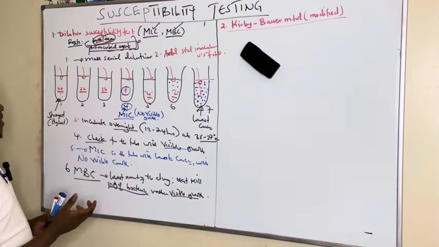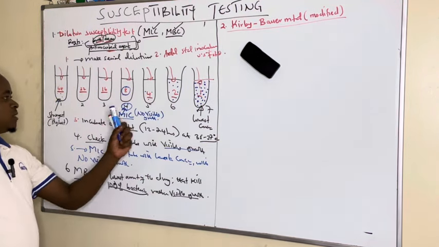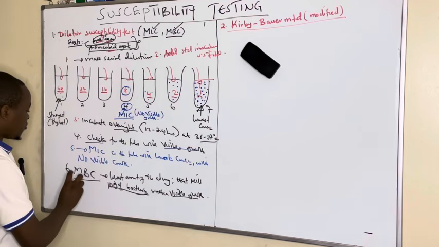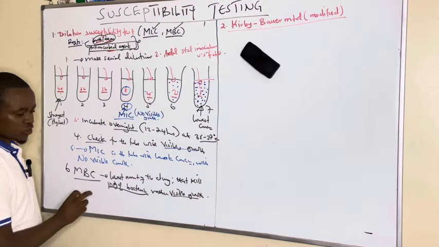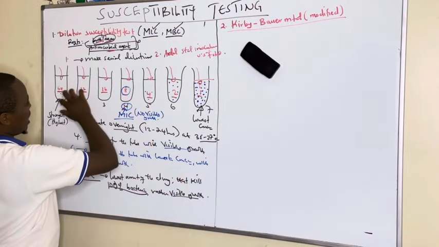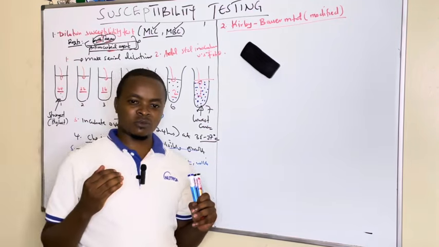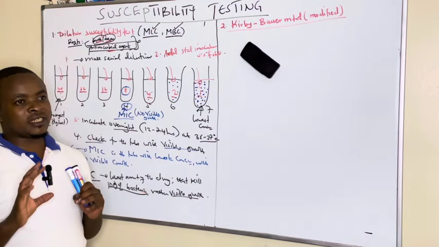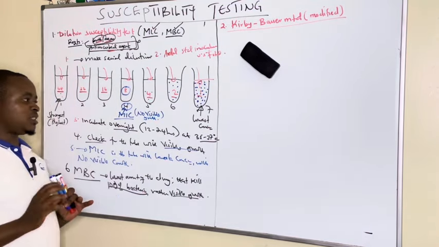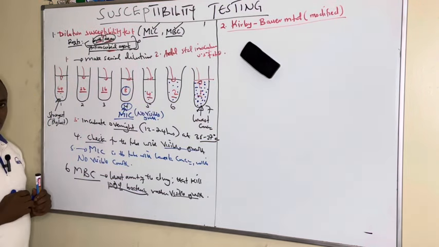So it does not depend only on visibility, like in MIC. MIC depends on the visibility, but the minimum bactericidal concentration is the concentration, after doing serial dilutions, that can kill 100% of microorganisms, even if it does not depend on the visibility of the growth. That is what we call minimum bactericidal concentration.